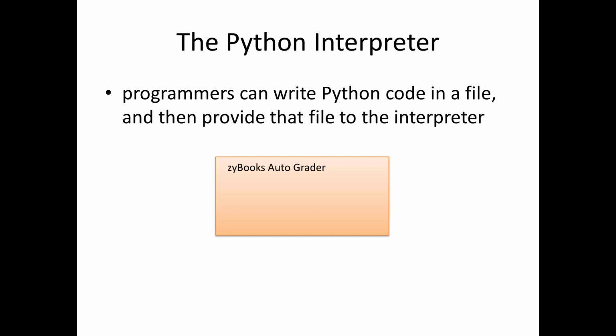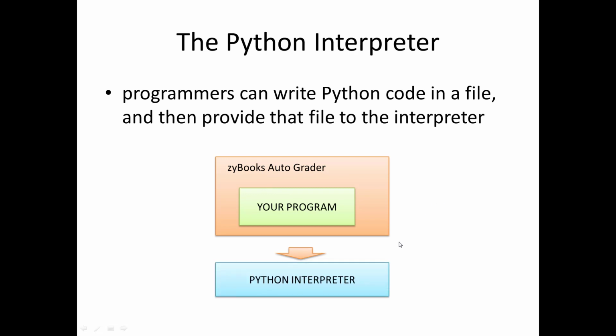Zybooks is just an interface that interacts with the Python interpreter. So you'll enter your program in Zybooks, and you'll see more of that as you go through the week 1 material in Zybooks.